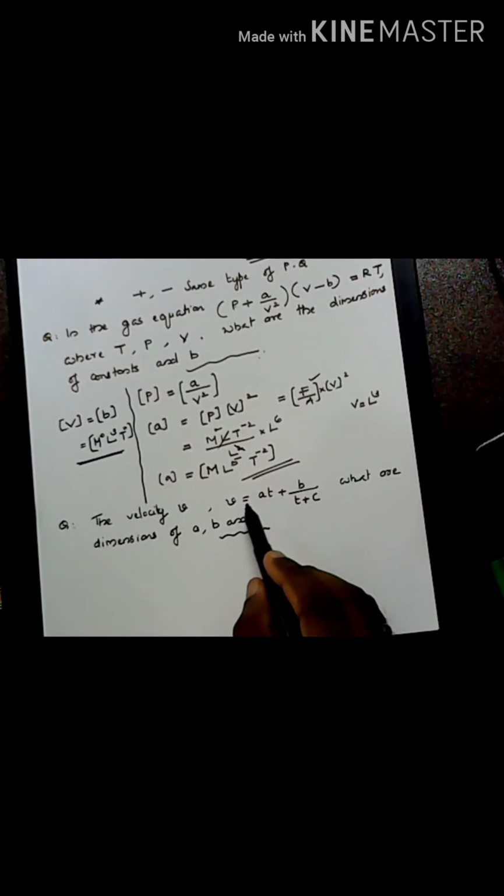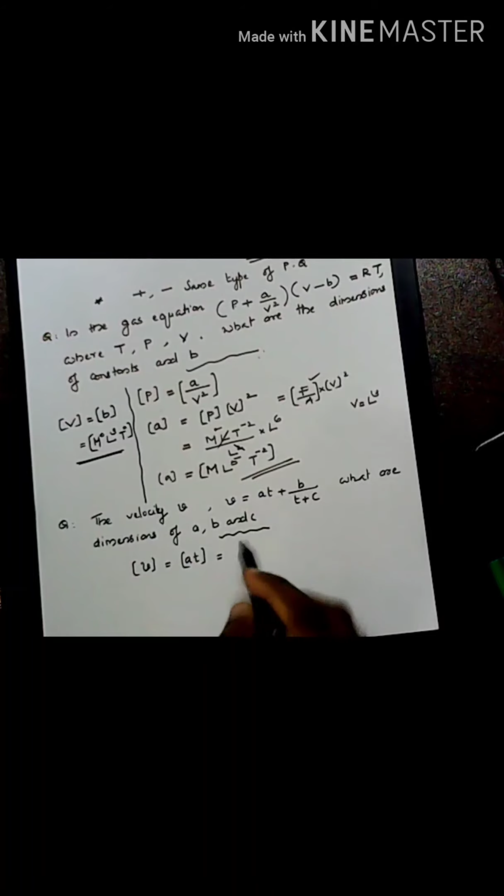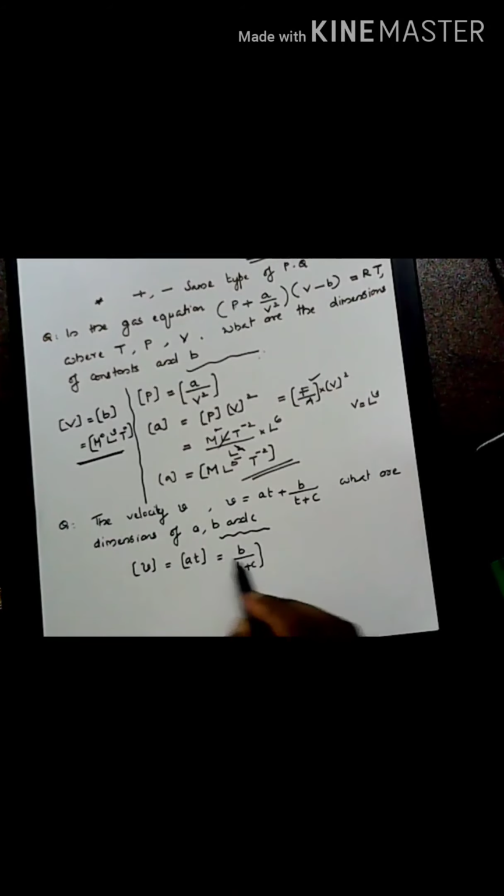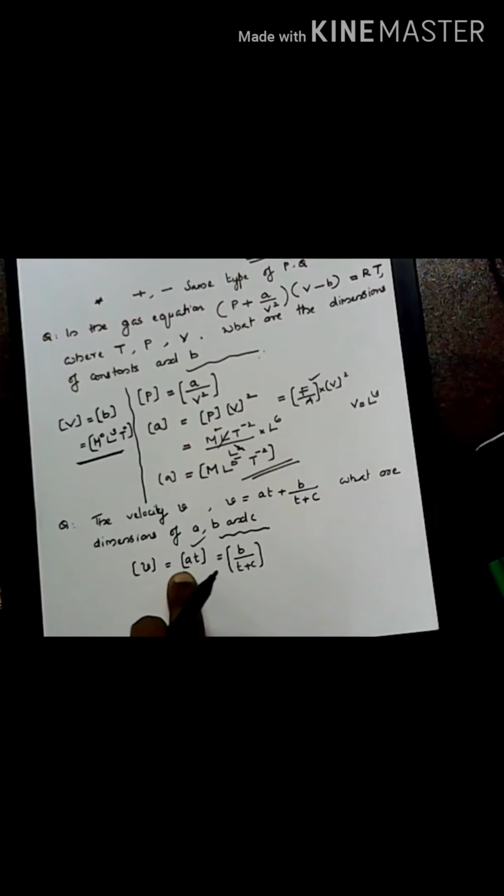homogeneity, then we can write the velocity dimension should be equal to at dimension should equal to b by t plus c. So by using this concept, at first we can try to find what is the dimension for A. By using this one, we can write the dimension for A is equal to the dimension of velocity by t.